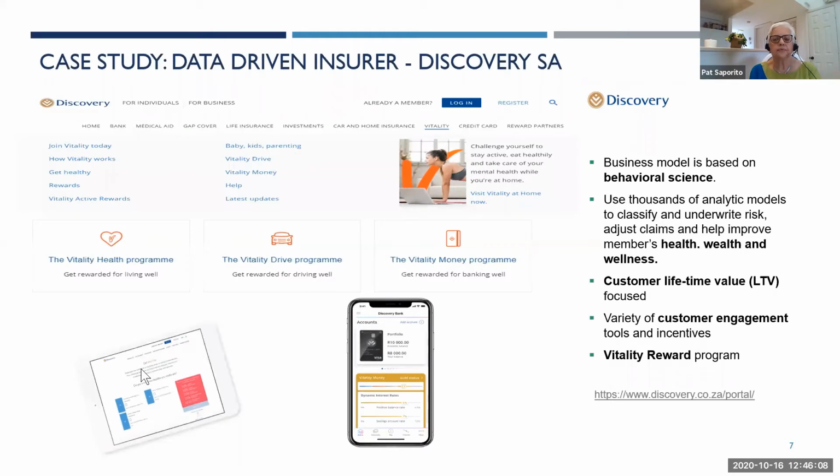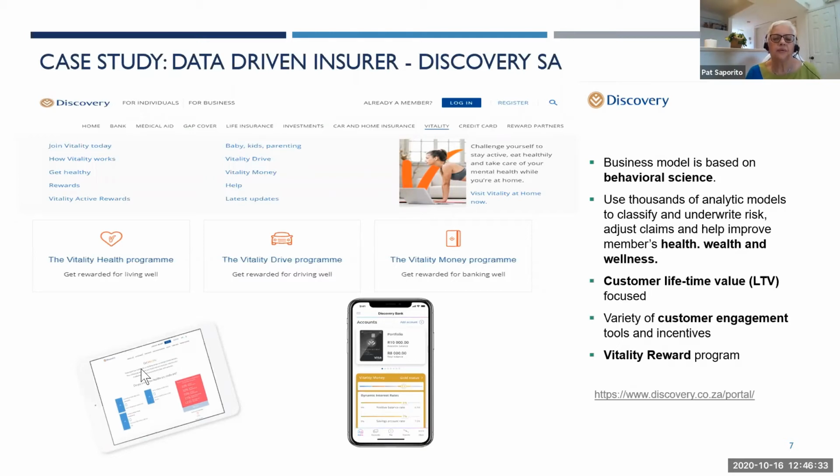What Discovery South Africa, I guess, depending on if you're British or not and want to use that term, have or has, they have a program called Vitality. And there were 3 key elements to it. There is the Vitality Health Program for health insurance, and they talk about being rewarded for living well.